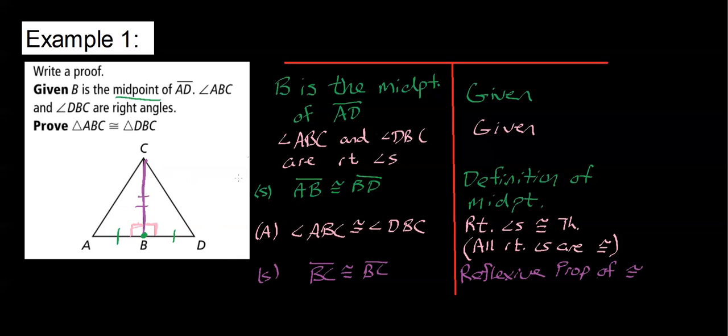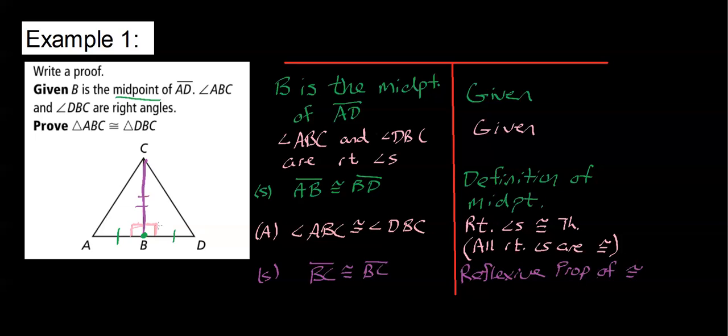So notice we have everything we need. We have a pair of congruent sides, AB and BD, a pair of congruent angles with angle ABC and angle DBC, and our last pair of congruent sides with BC congruent to itself. And notice that our angle is the included angle. This angle ABC is included with respect to our two marked sides, and same thing on this side with this triangle.